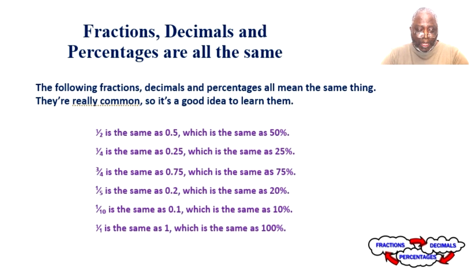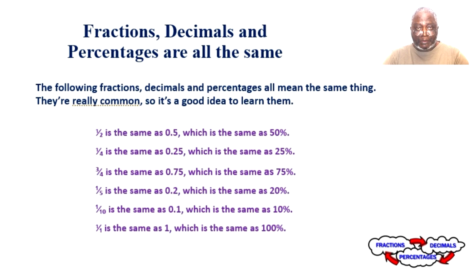So, a half is the same as 0.5, which is the same as 50%. A quarter is the same as 0.25, which is the same as 25%. 3/4 is the same as 0.75, which is the same as 75%.